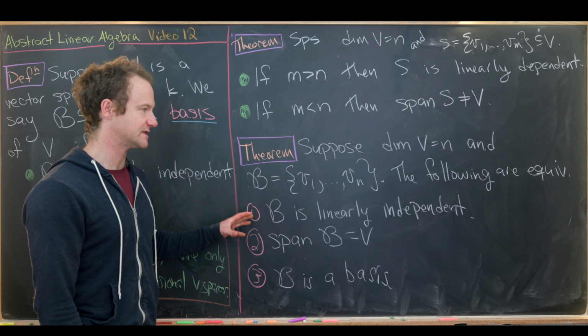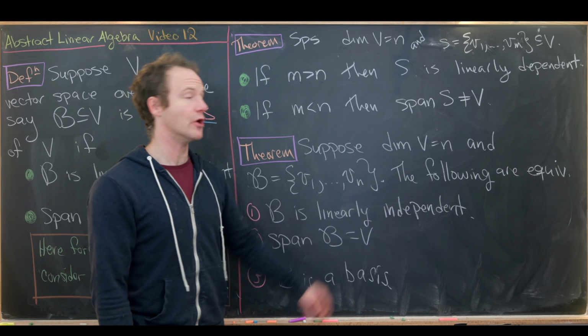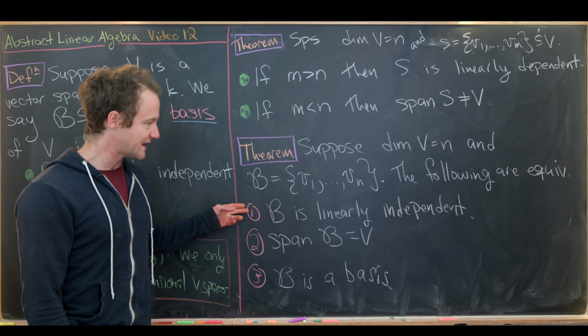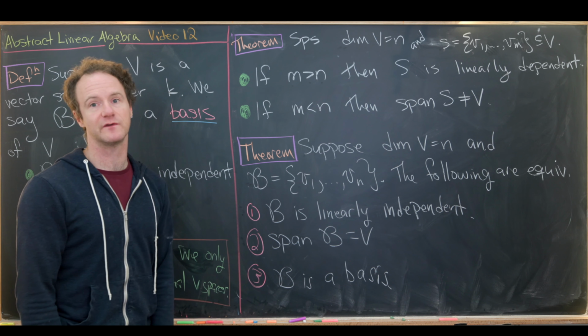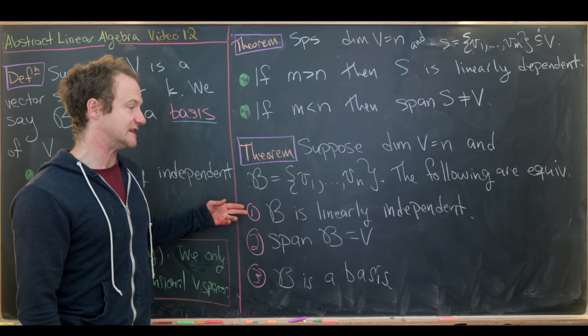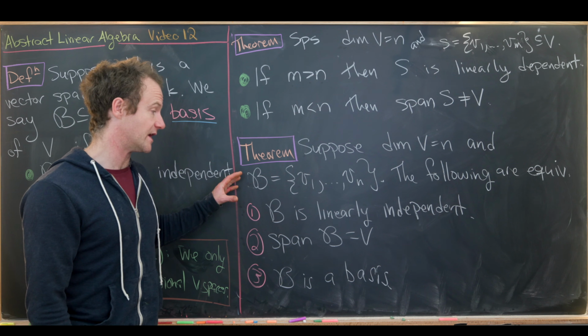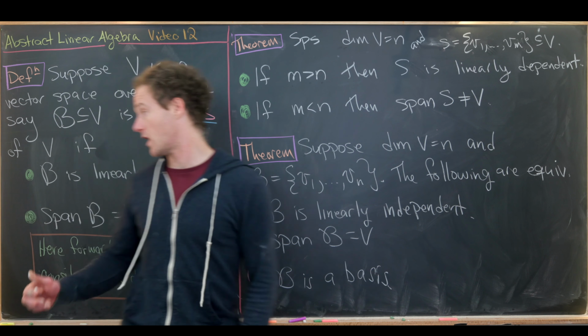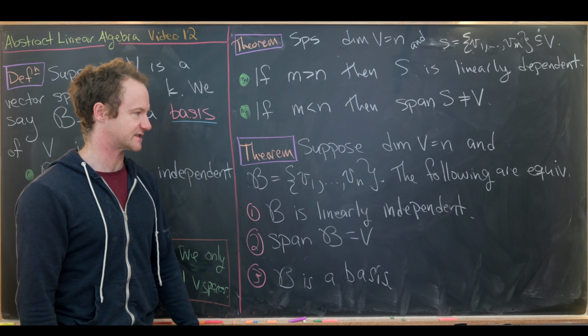So what this means is if you have the correct number of vectors and you know the dimension, you only have to check linear independence or spanning in order to prove that it's a basis. Often it's easiest to check linear independence. So this is actually a nice quick way of checking both of the conditions for a basis by only checking one and then using this theorem.